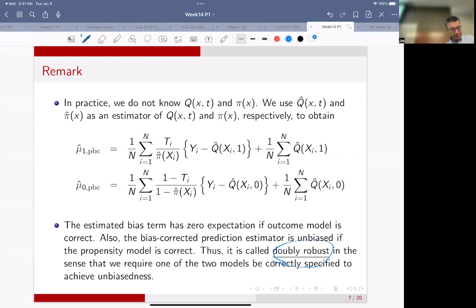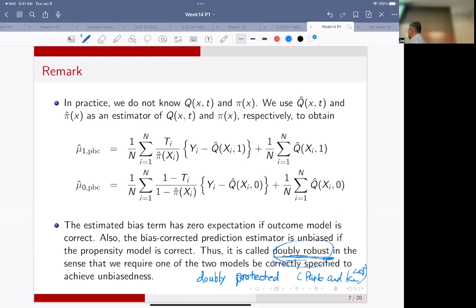Actually, the meaning of doubly robust is now well accepted, but in the early beginning, I also found a similar phenomenon. I called it doubly protected, Park and Kim 2005.